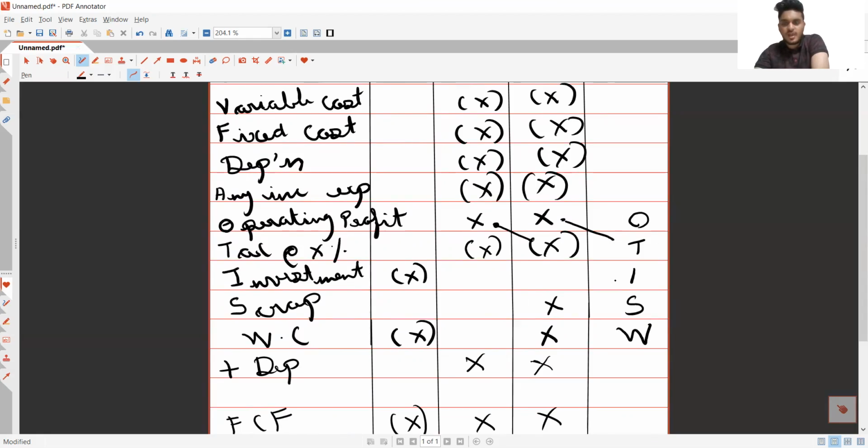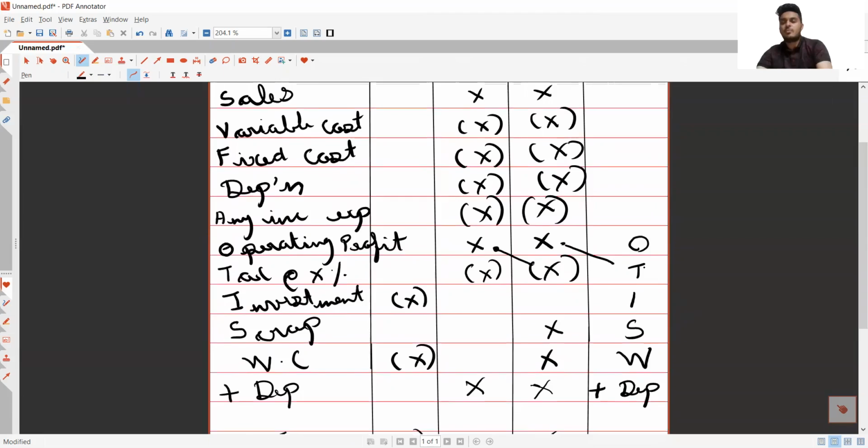T for tax. I for investment, that's here. S for scrap, and W for working capital. Plus depreciation. So guys, once you remember this mnemonic, OTISW plus depreciation, you have literally covered all items that can be included in an NPV computation format.